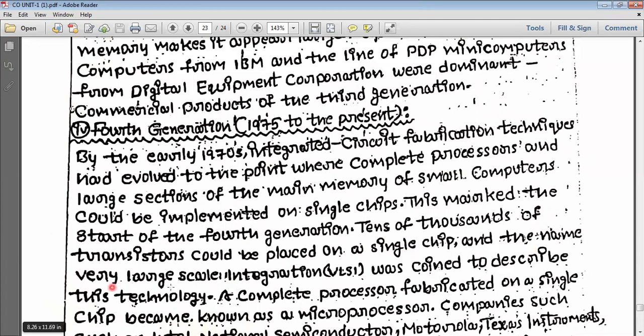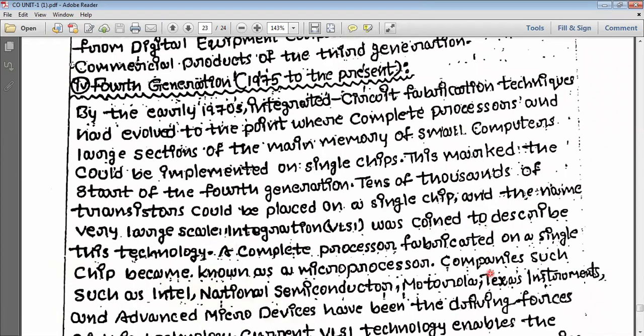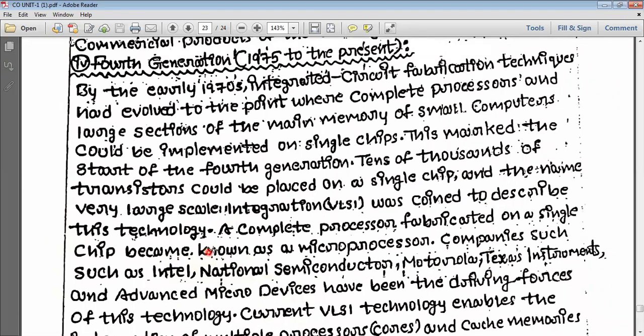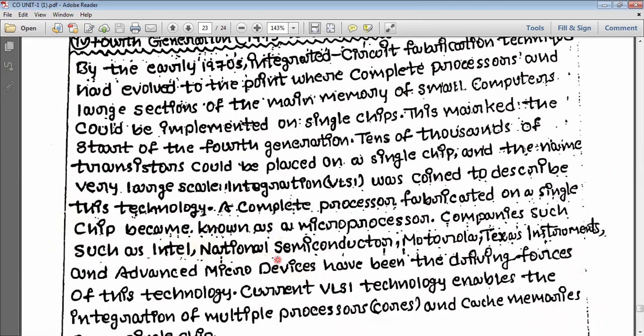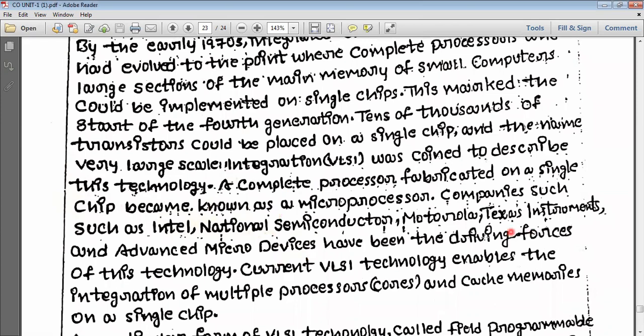The name very large scale integration was coined to describe this technology. A complete processor fabricated on a single chip became known as a microprocessor. Companies such as Intel, National Semiconductor, Motorola, Texas Instruments, and Advanced Micro Devices have been the driving forces of this technology.